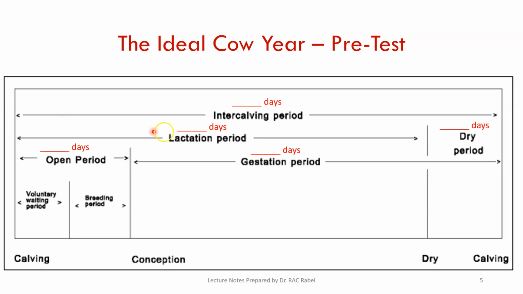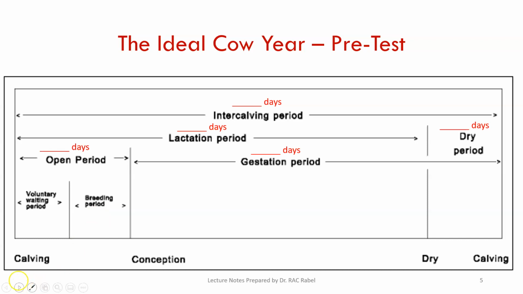This is the intercalving interval, or intercalving period, that I was talking about. It is made up of either the lactation period plus dry period, or the pregnant and non-pregnant period, also called the open period, which is further divided into voluntary waiting period and breeding period. We'll go into details on those.